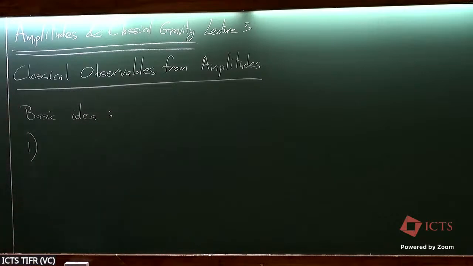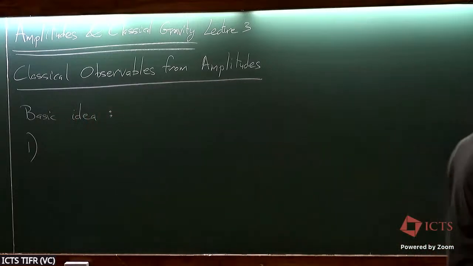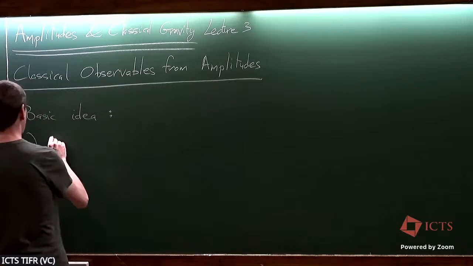So we start by picking some observable that we're interested in. Now the observable should make sense in the classical theory, because we want to talk about classical applications of these amplitudes. But because the computation is set up in quantum field theory, the observable better also make sense in quantum field theory. So we pick some observable that's sensible in both the classical and quantum theories.